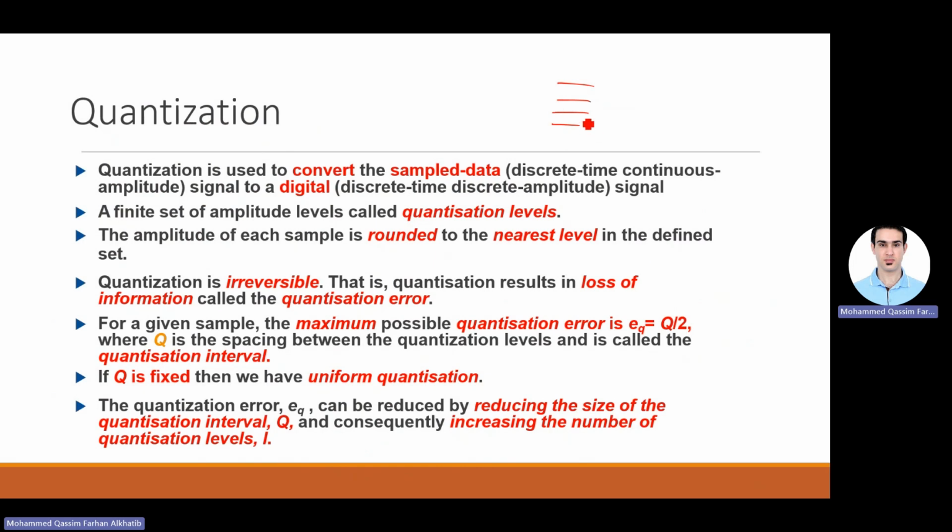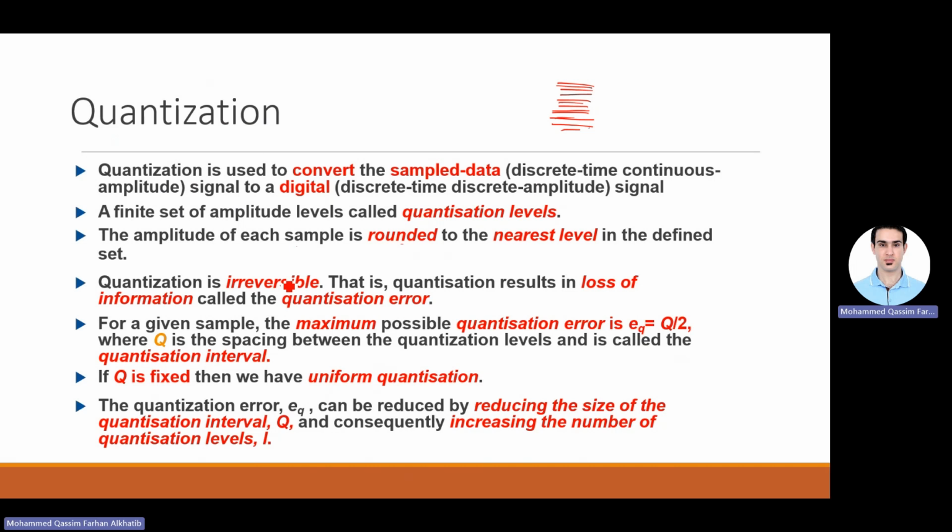When you have 3 bits, you have more levels. With 4 bits, you get up to 16 levels. So the amplitude of each sample is rounded to the nearest level in the defined set, for example 1.9 is approximated to 2 rather than 1.5.